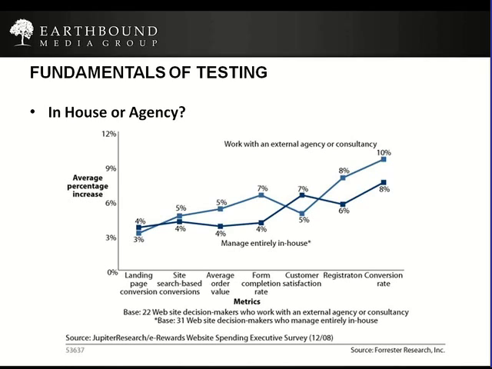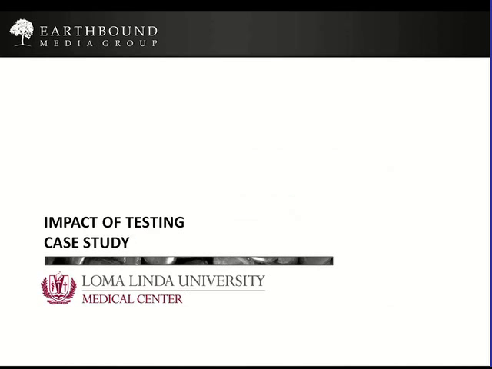Forrester actually shows that in most cases, agencies are able to help organizations get better results on conversion and completion rates than when working with an in-house team. So again, if you don't have someone internally, this is not necessarily an easy marketing endeavor to engage in, and you should really know what you're doing before you get started.